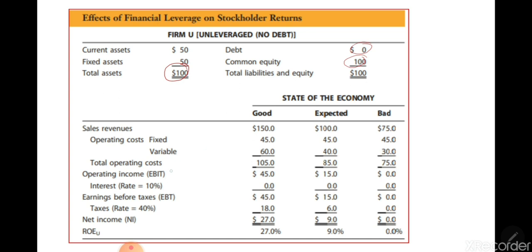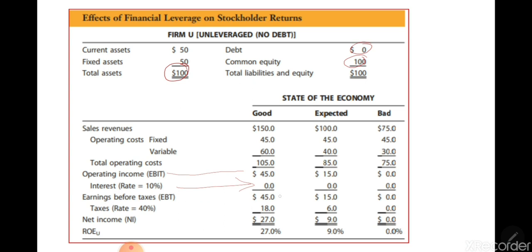We are interested in what happens after this. Once you have the operating income, you have the EBIT: 45 in the good situation, 15 in expected and 0 in bad. Because there is no loan, there is no interest payment. So regardless of the economic situation, you do not have to pay any interest. Interest is 0 in all three cases.